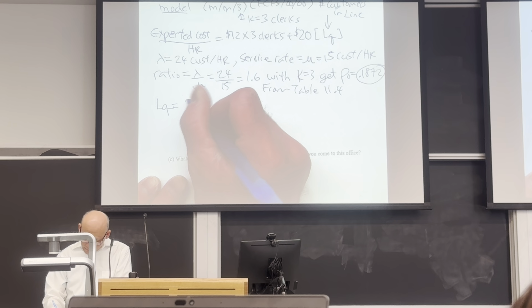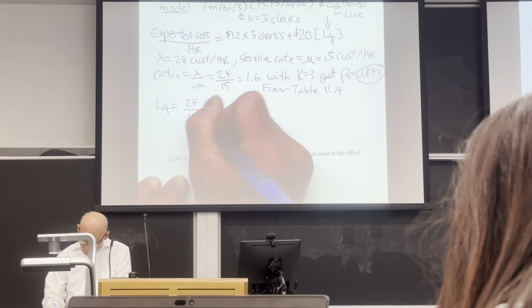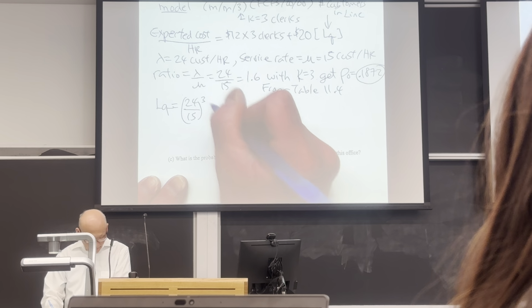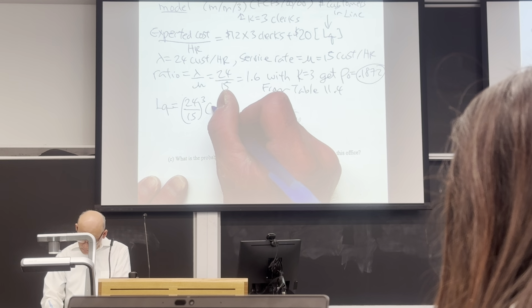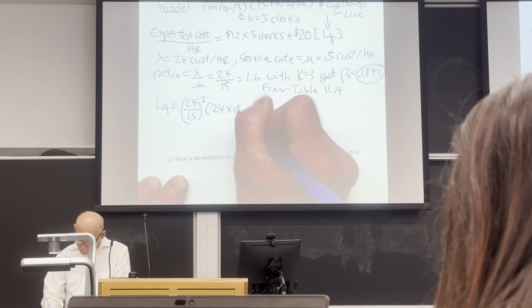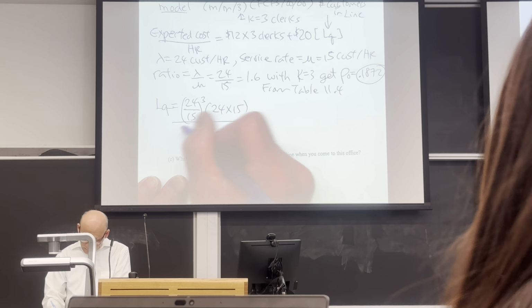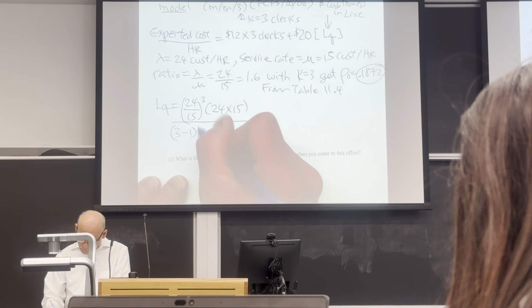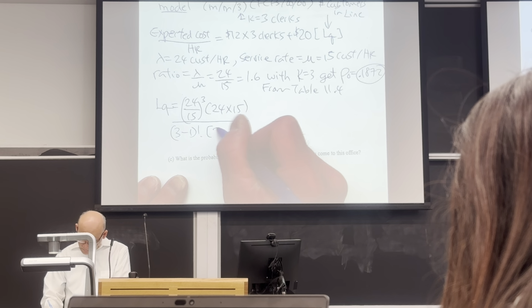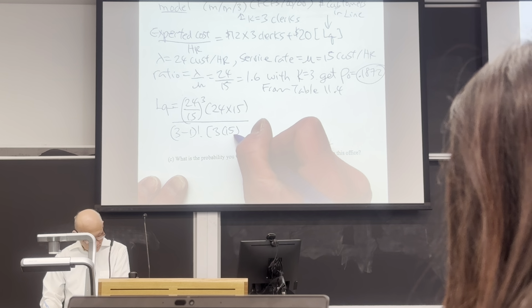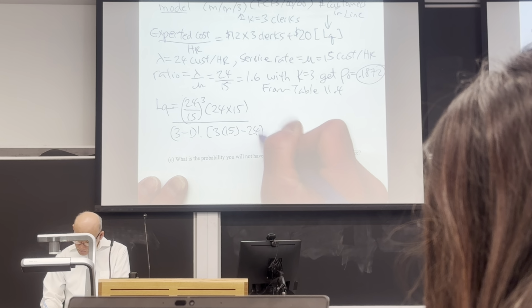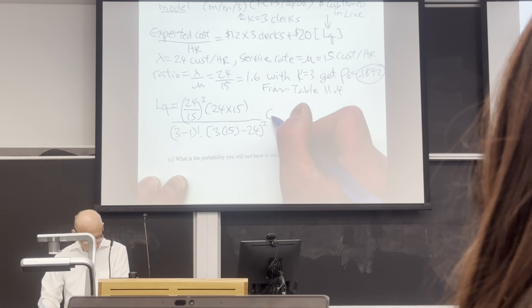LQ is lambda over mu to the power of k, times lambda times mu, over k minus 1 factorial, times k mu minus lambda squared, times P0.